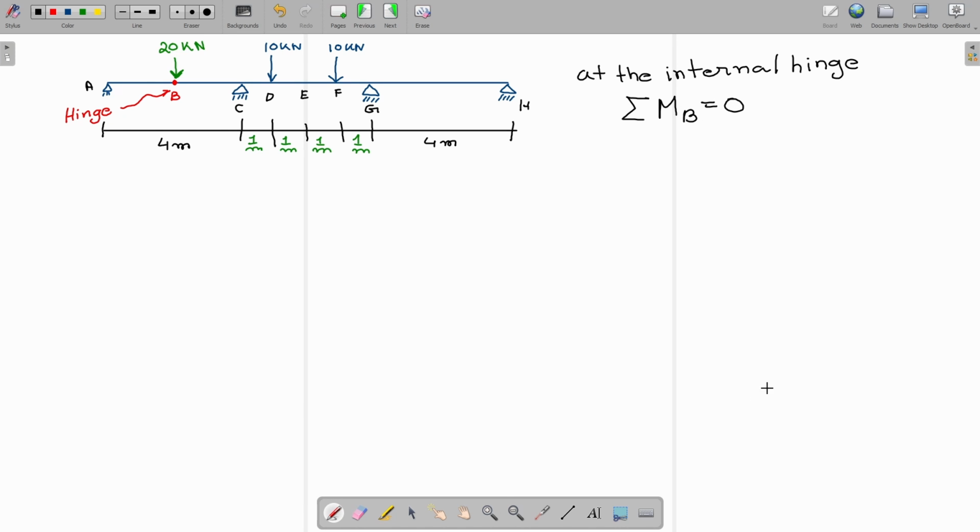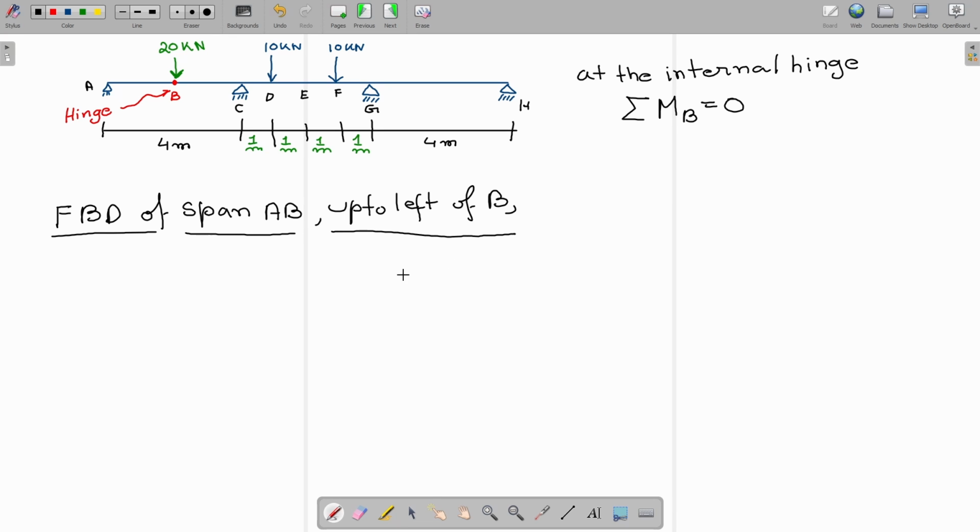Now we are going to write like this. For the first part, FBD of span AB up to left of B. Now to do that, we are going to draw the diagram.